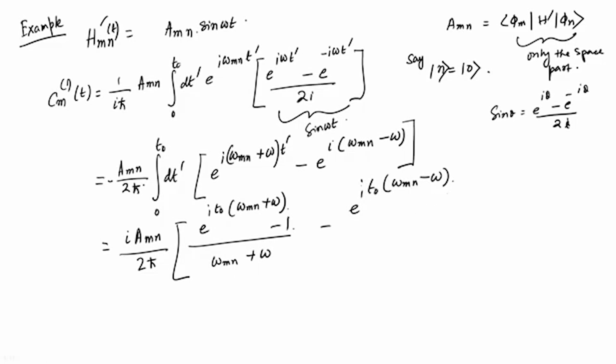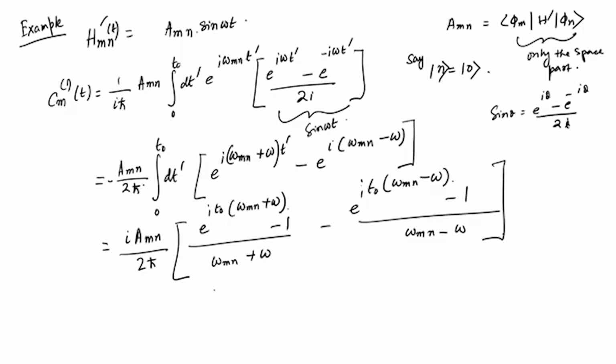There is a minus 1 here, and then another minus 1 here. So, what we have done is simply integrated this, and exponential integration is very simple, and then you get these energy denominators appearing there.